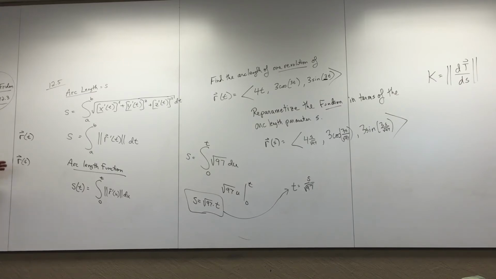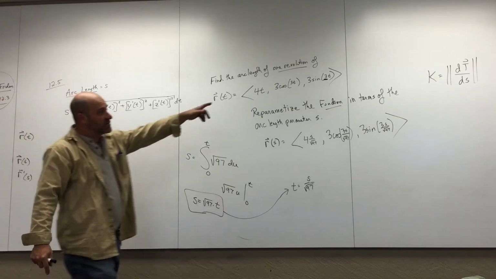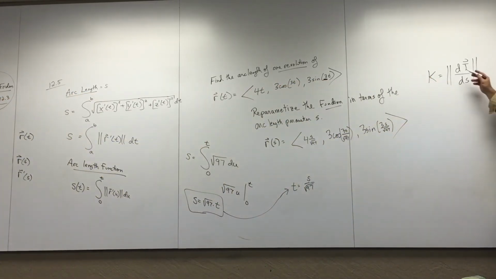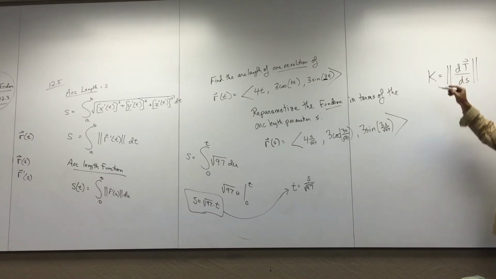So I can talk about r of s, r prime of s, things can be parameterized in terms of s. Apparently that's what's going on here. I must have some curve, and they want me to take the derivative of the unit tangent vector with respect to s, the arc length parameter. Take that magnitude and call that curvature.